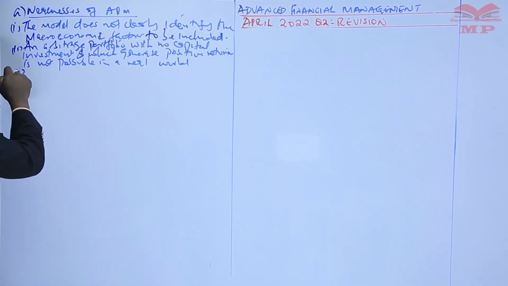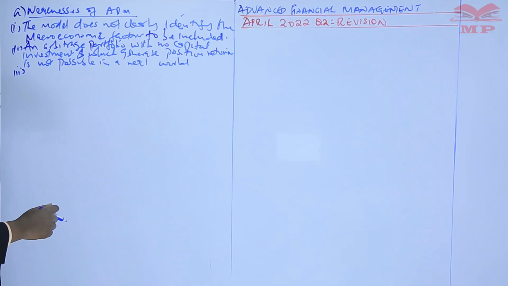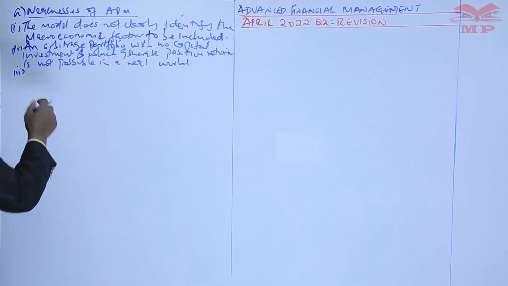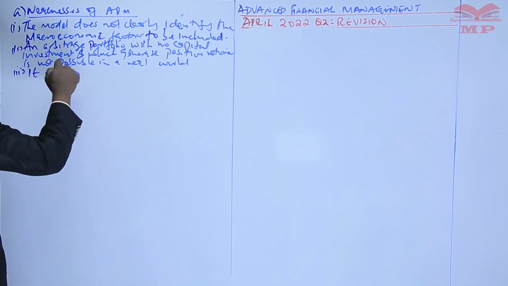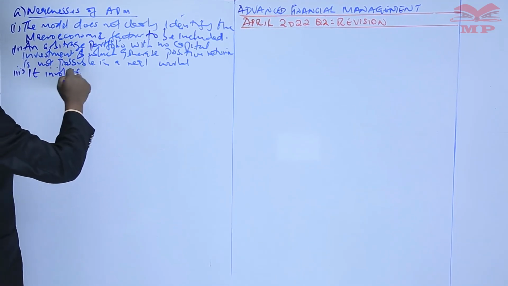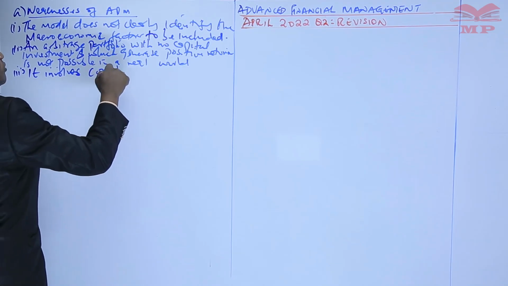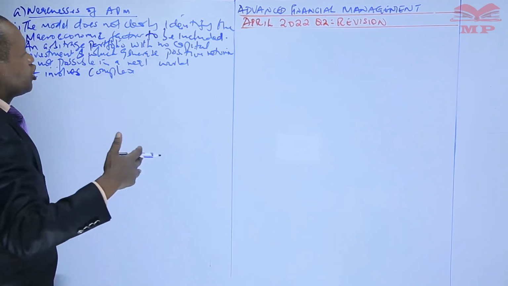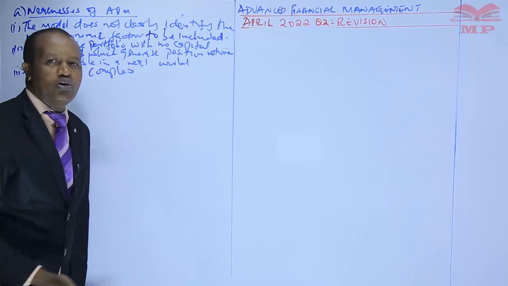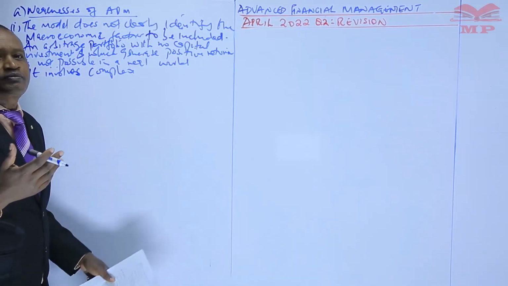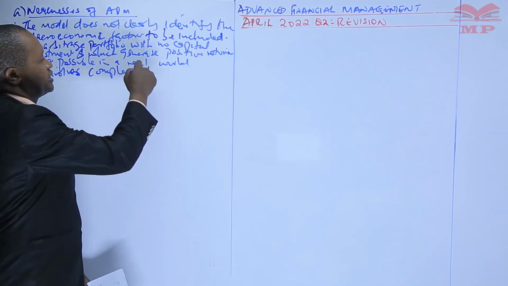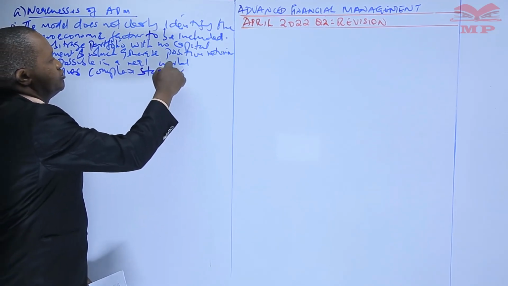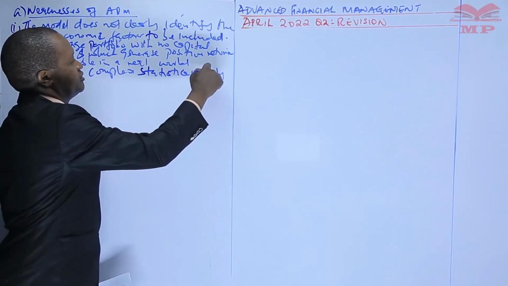The third weakness of APM is that the model involves complex statistical analysis.